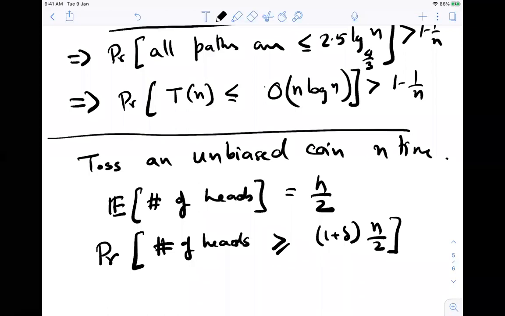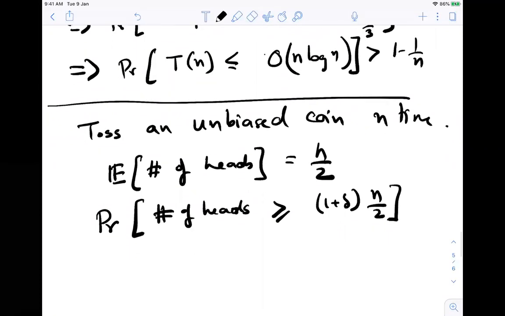Have you seen this kind of calculation ever? Someone said the expected number of heads divided by 1 plus delta times n by 2. Ah, good. So this is less than 1 by 1 plus delta. You are completely right. This is true.